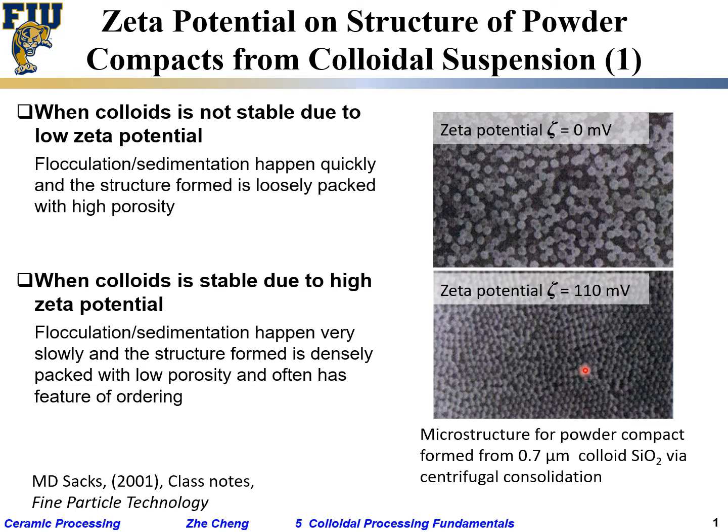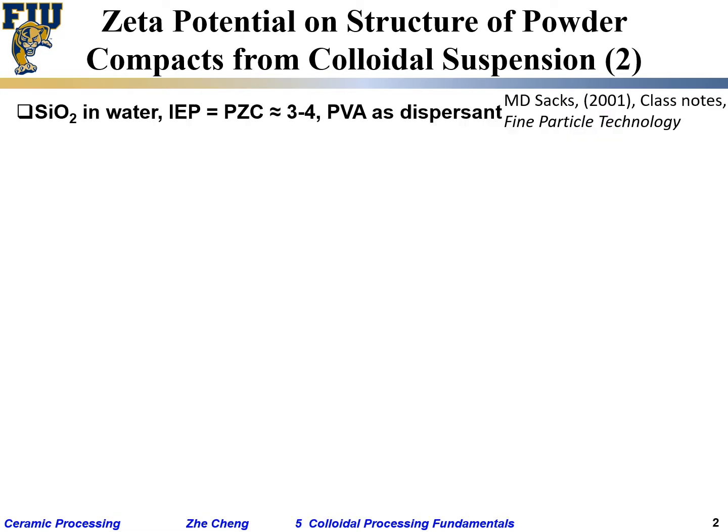Okay. Interesting. The more stable the suspension, they would pack more densely. The less stable, they quickly come together, but just like people coming into a queue, if they come together, they pack less dense. Okay?